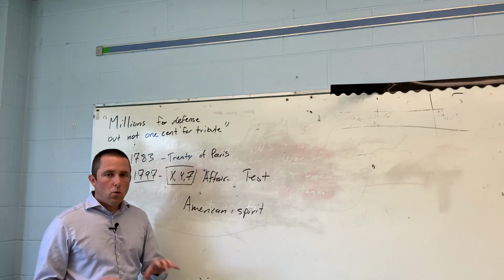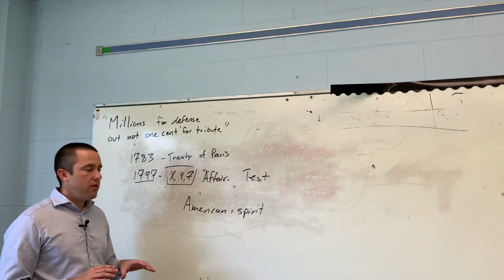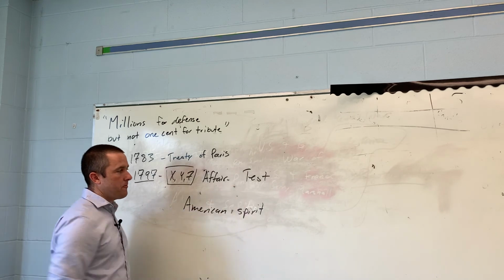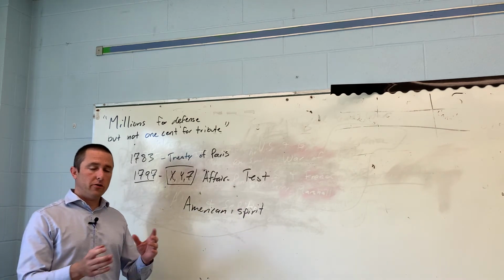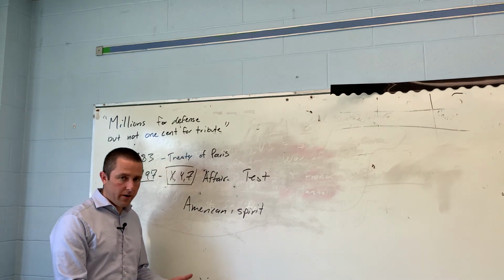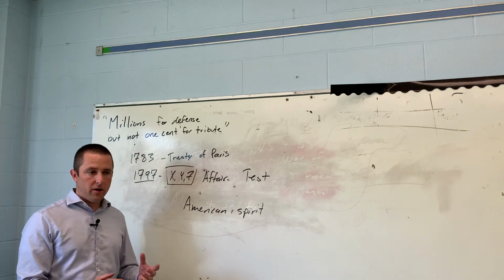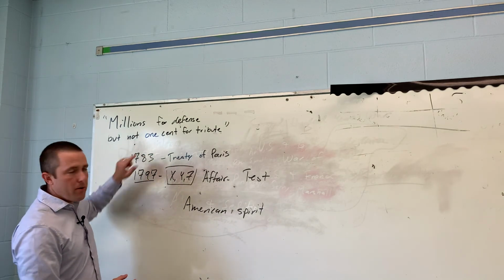If you're watching this for any sort of test or anything like that, the XYZ Affair is when France tried to extort money from American diplomats. American diplomats said, we're not paying you any money.